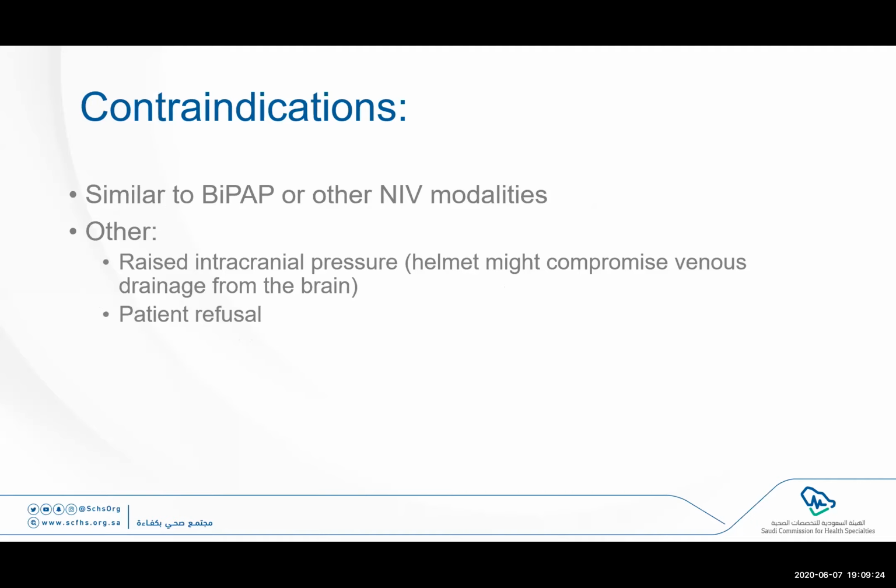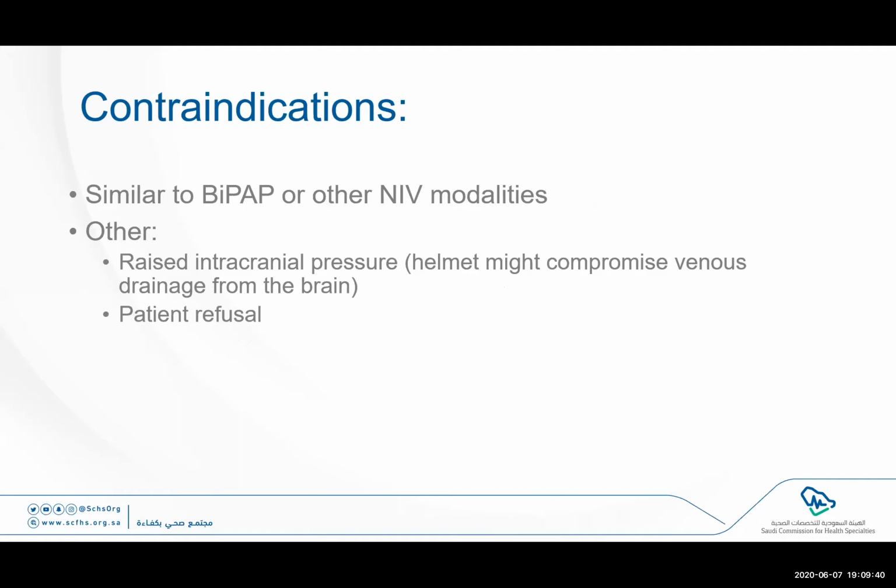Also, you have to ensure before deciding that your patient will go into helmet ventilation that they don't have any of the contraindications, which are classically identical to the contraindications of BiPAP or other non-invasive modalities.